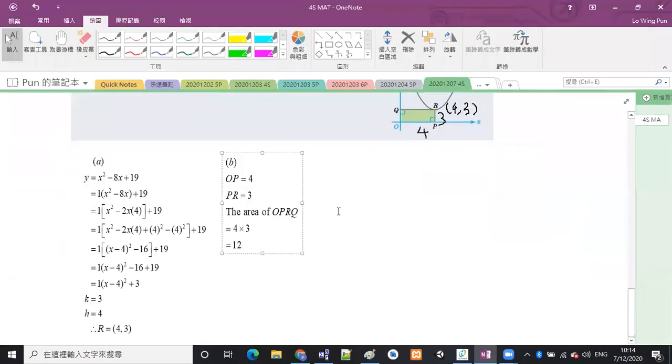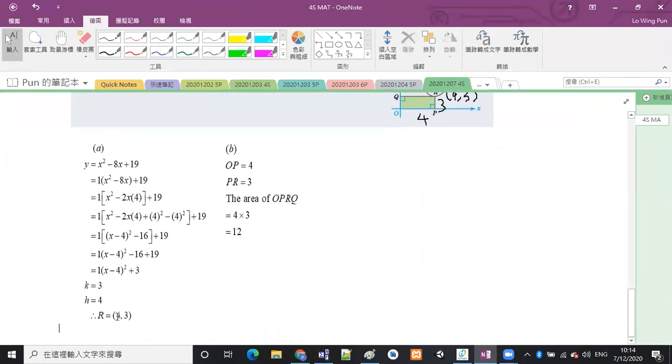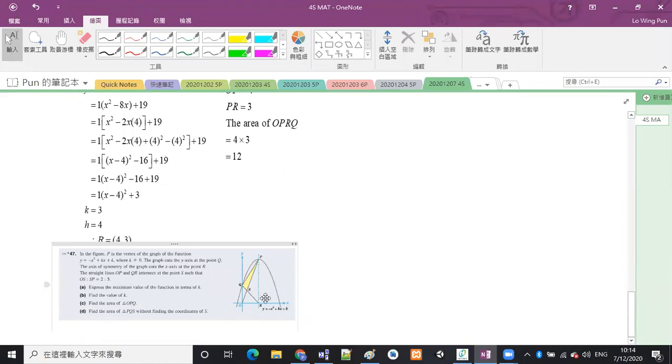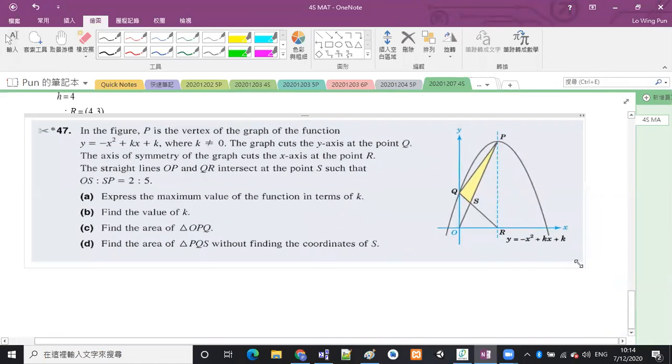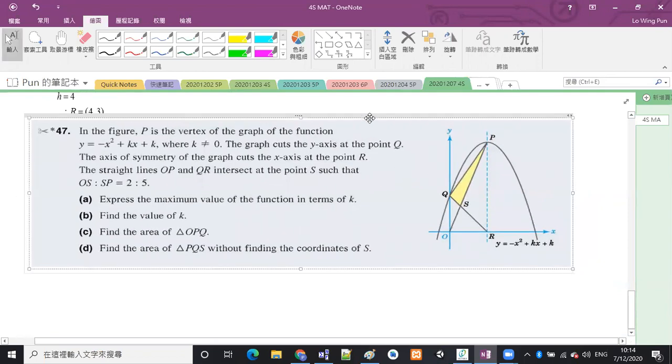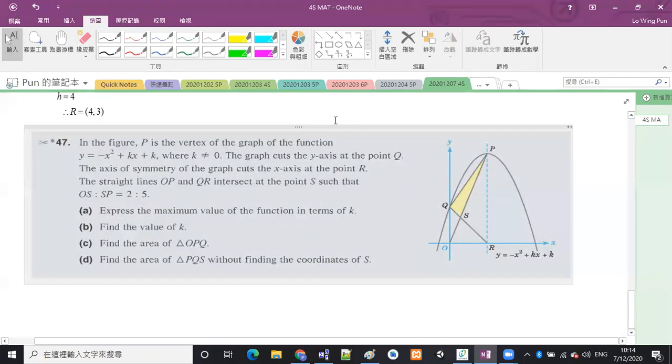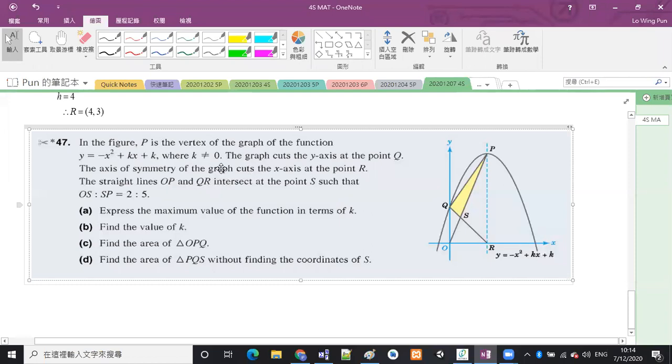This one is a little bit more complicated. In the figure, P is the vertex of the graph of the function y equals negative x squared plus kx plus k, where k is not equal to 0.